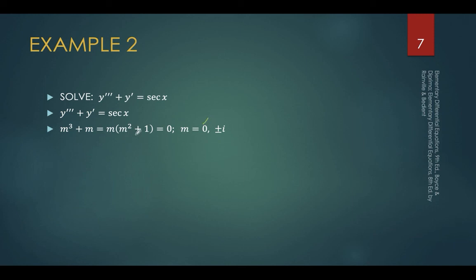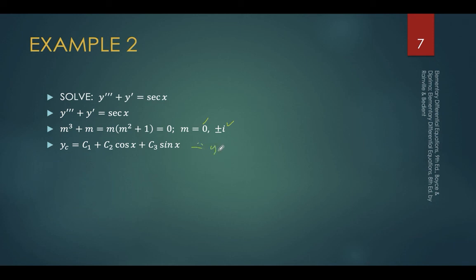This is m squared equals negative 1, so getting the square root, you get plus or minus i. And then the corresponding complementary solution will be c1 for 0, and then plus or minus i corresponds to cosine and sine x. So you have 3.